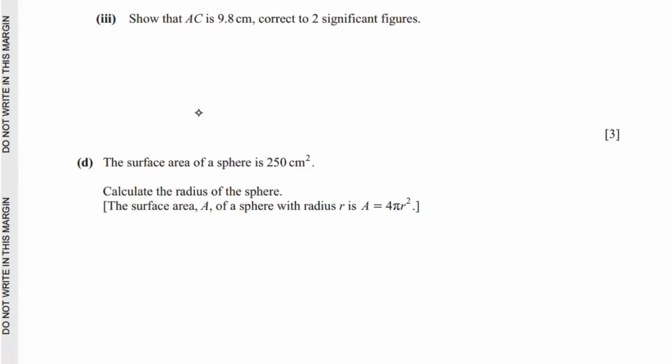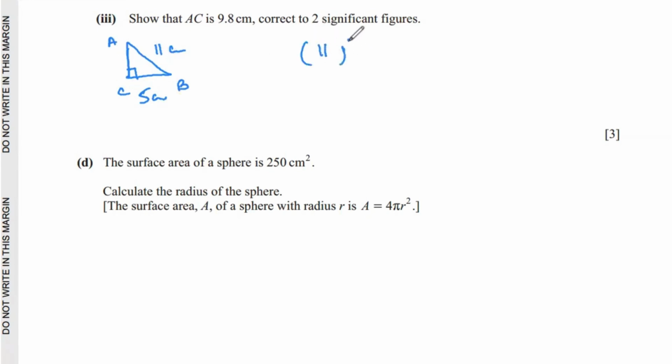Then it says show that AC is 9.8 centimeters, correct to two significant figures. So the triangle was ACB, where AB is 11 and CB was 5. Since ACB was a 90-degree angle, we can use Pythagoras to find the third length.